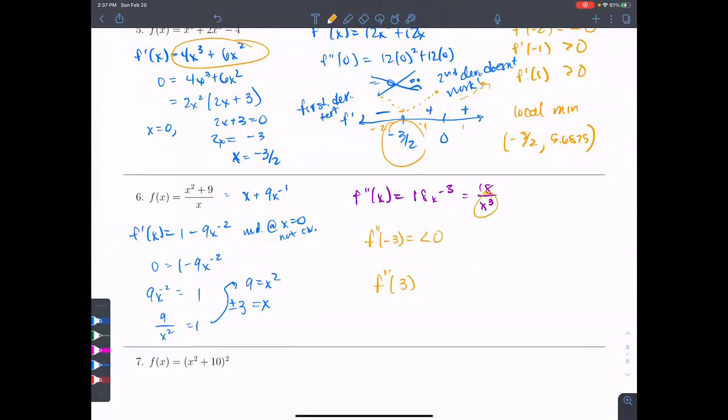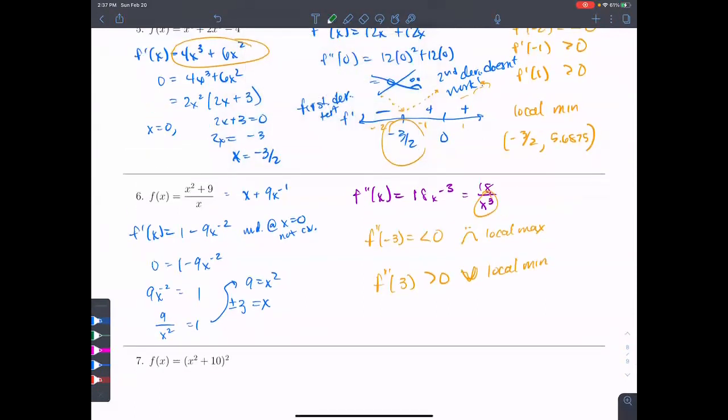Plugging in there would stay positive. So down like a frown means you have a local max. Concavity up like a cup means you have a local min. So we're looking at -3 something and 3 something, local max, local min.